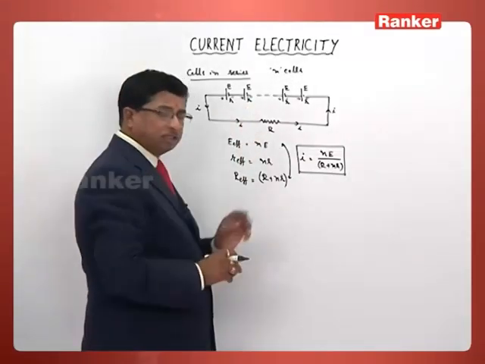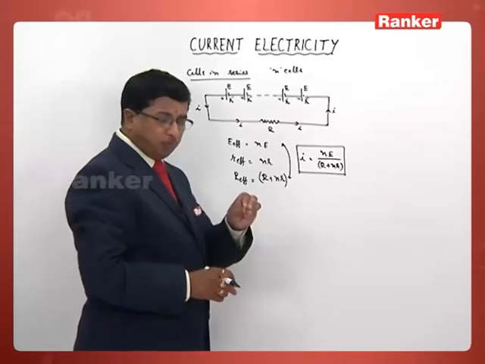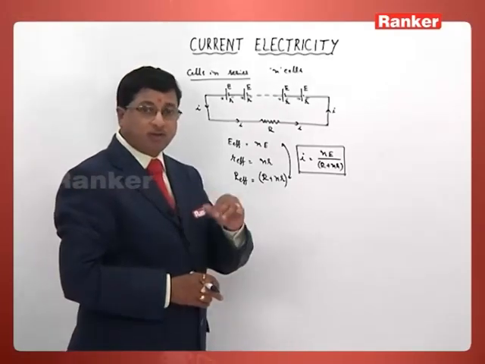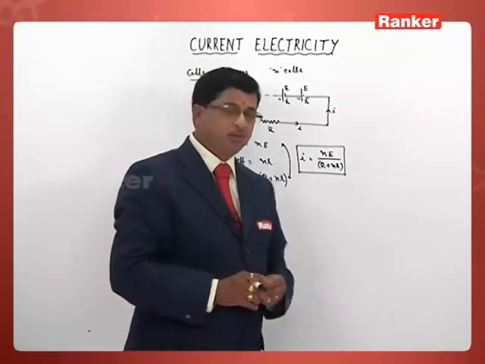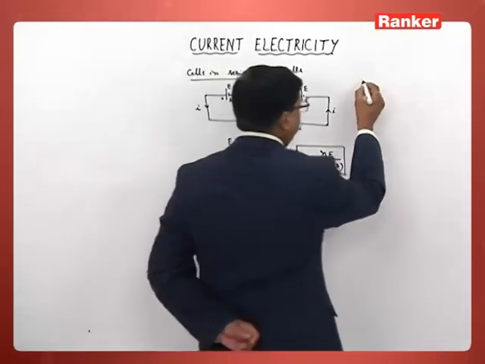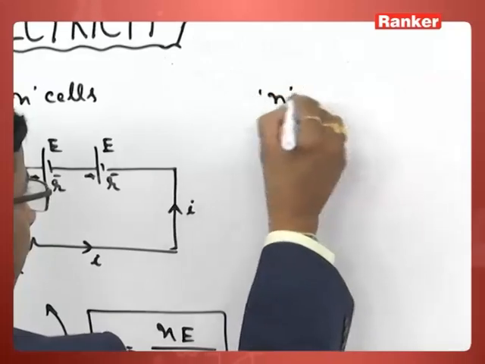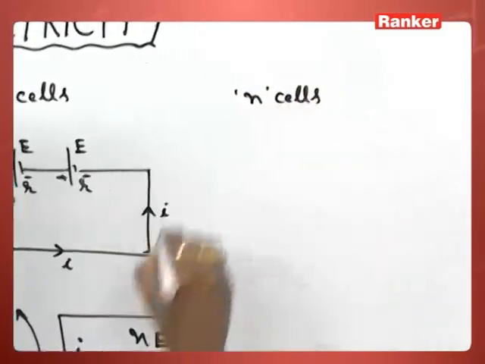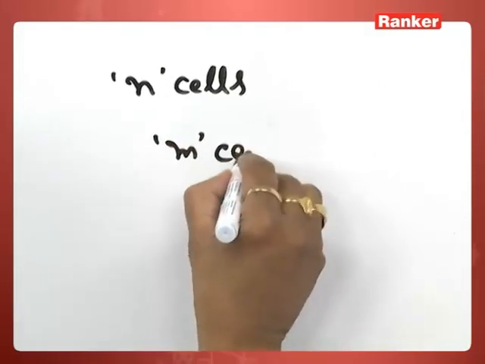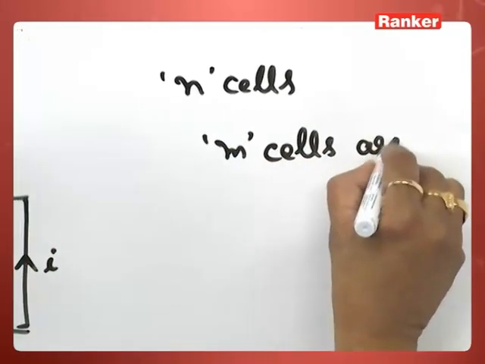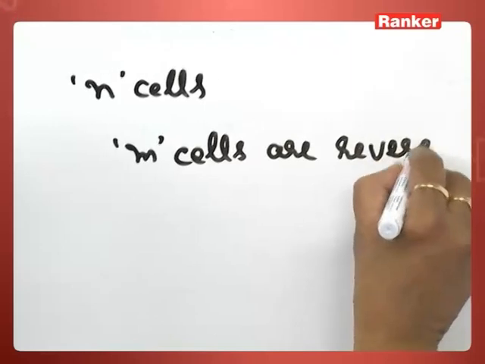But the same concept, when few cells are reversely connected, how to write this formula? You can understand this way. There are again n cells.